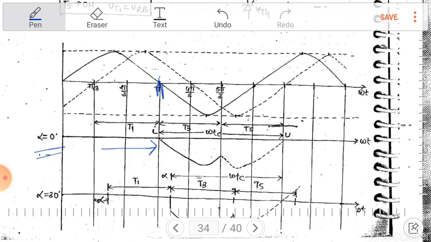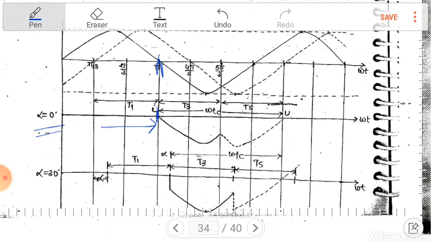After turn off, it will get reverse bias from the other thyristors and other phase supply. So when it turns off at pi, the reverse bias voltage is applied up to the time period omega tc.